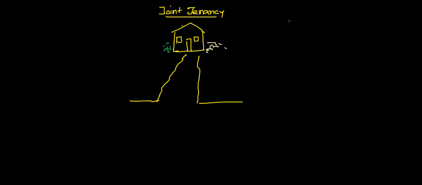Now think about this house being owned in joint tenancy. Joint tenancy carries the right of survivorship, which means that if there are two owners, A and B, or let's add a C. If you create a joint tenancy between these, the first thing is they have to be created at the same time.